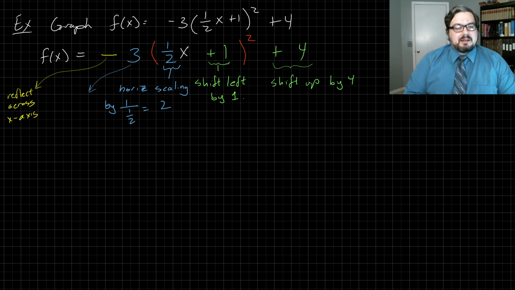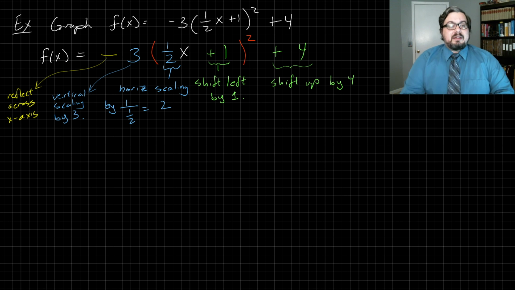And the 3 here is going to give us a vertical scaling by 3. Now, the trick here is that when we have both a reflection and a scaling, we can actually combine those together.